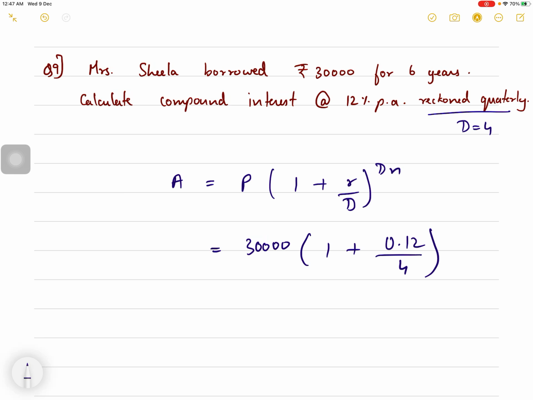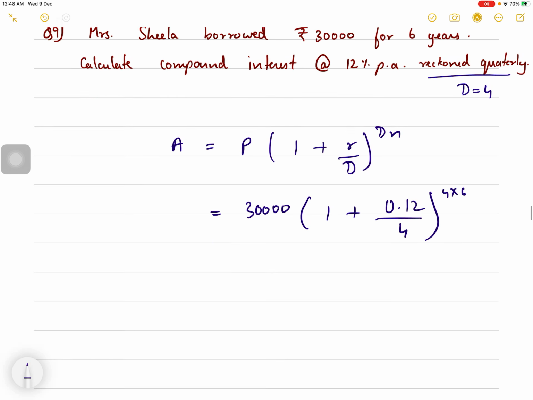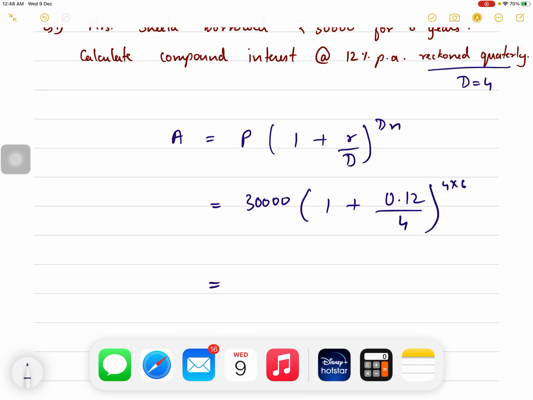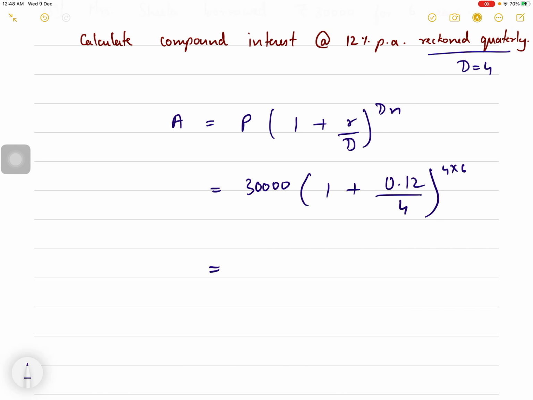Raised to Dn, so 4 into 6. So 30,000 into 1.03 raised to 6 into 4 is 24. 0.12 divided by 4 will come to 0.03, plus 1, so 1.03.